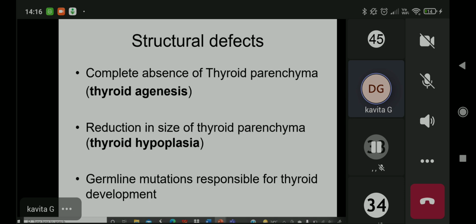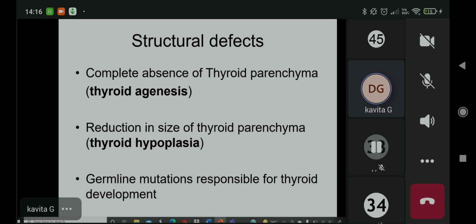Now, we come to that category of disease. This was about the generation of T3 and T4 and any step going wrong so you don't get appropriate T3, T4 levels. But this is something else. This is when a child is born with a complete absence of thyroid parenchyma. That is called thyroid agenesis.